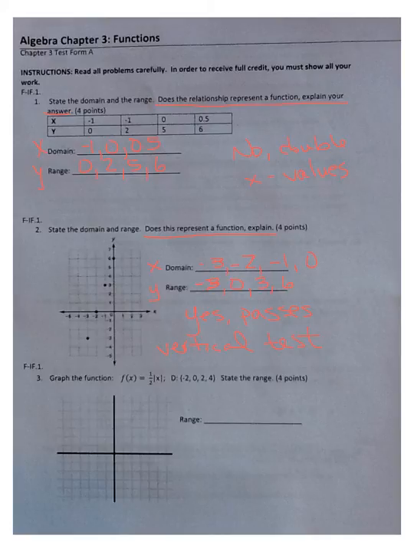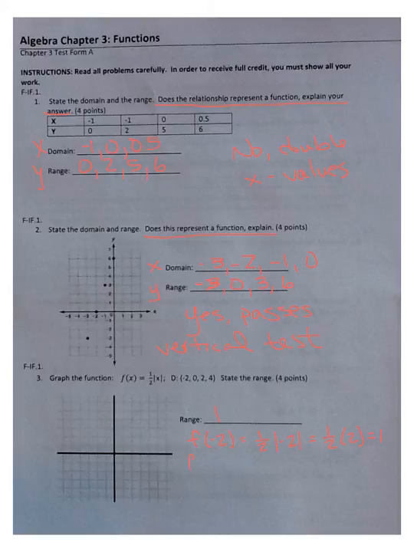Last one, graph the function f of x equals 1/2 times the absolute value of x. State the range. It gives you your domain, so you're going to have f of -2 equals 1/2 of the absolute value of -2, which is 1/2 times 2, which is 1. So our first range is 1.